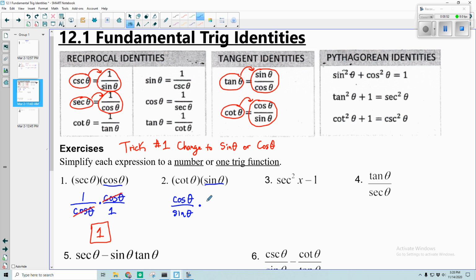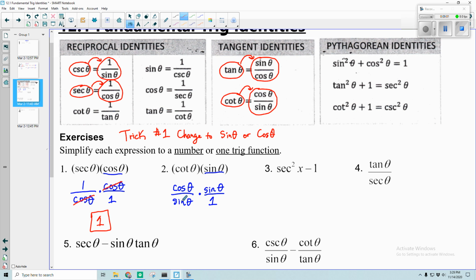And now I'm going to multiply that by sine of theta. So this didn't change at all, but I'm just going to write it with a 1 underneath. All right, so now that I've done that, the sines can cancel out, and I'm simply left with cosine divided by 1, which just simplifies to cosine. So that is completely simplified down to just 1 trig function, okay?